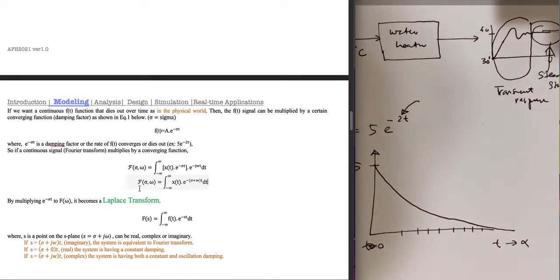That's how the Laplace transform is formed, because from here it changes to the S domain, where S represents sigma and omega, right? So instead of using the Fourier transform with a real converging factor with sigma and omega here, Laplace came out with his own F of S using these transfer functions, where S is a point on the S plane, S equals sigma plus j omega, right? It's the same thing, but represented by S.